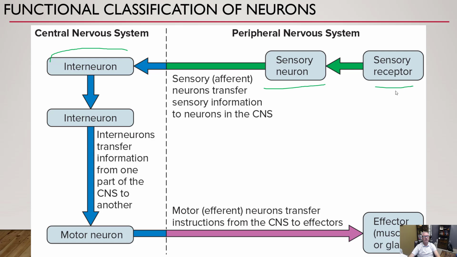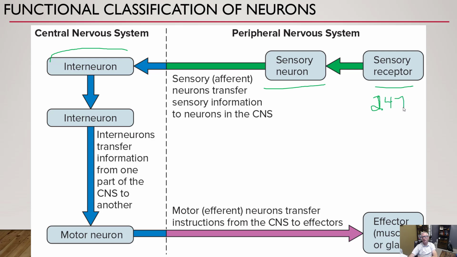So let's say that we're looking at our blood glucose level. Our sensory neuron inside of our body will have a chemoreceptor that is going to detect our blood glucose level. And it says that our blood glucose level is too high. Actually, it's going to say our blood glucose level is 247.